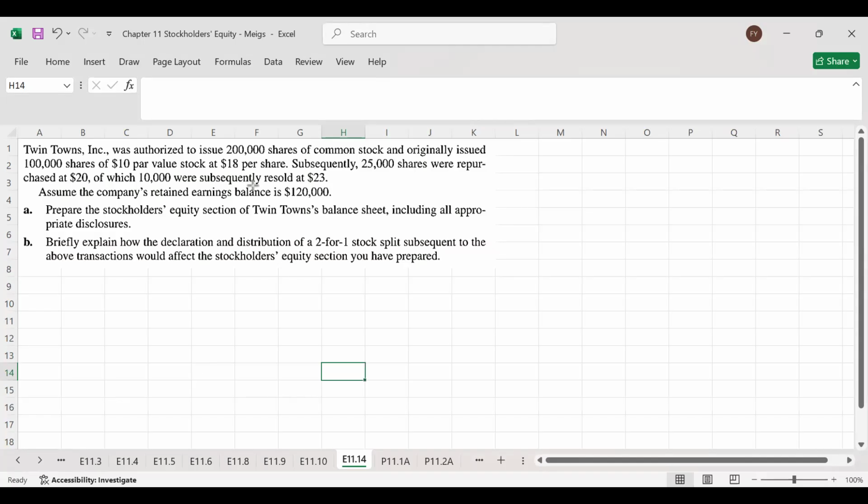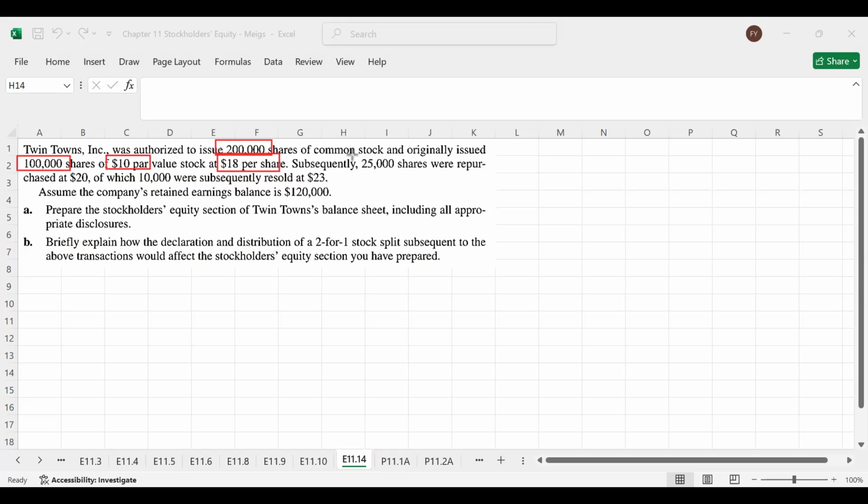So Twins Tower Corporation is authorized to issue a total of 200,000 shares. So this 200,000 shares is the authorized shares, whereas the company originally issued 100,000 shares at $10 par value at $18. So $18 is the market value at that time when the company issued 100,000 shares.